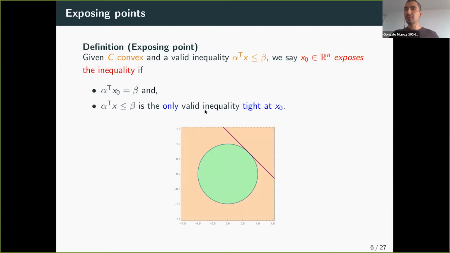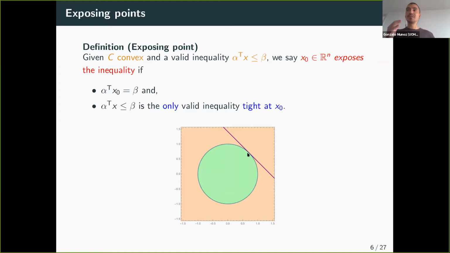So let me give you an example here. Take the convex set, this green ball, and take this purple valid inequality. This valid inequality is exposed by the point right here, the tangent point, because the inequality is tight at that point, and that is actually the only valid tight inequality at that point.